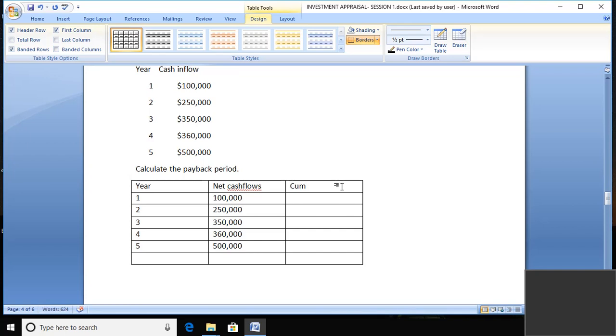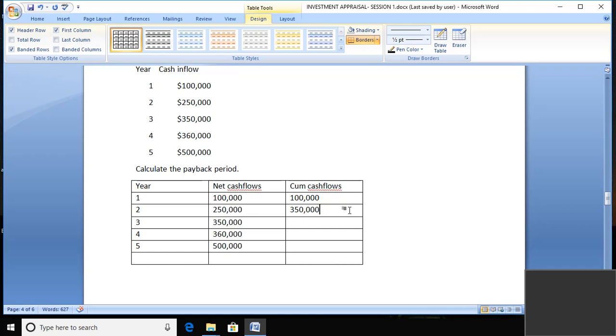On the other column, you need to accumulate: cumulative cash flows. For year one, you have 100,000. If you add the cash flow for year two as well, the cumulated figure is 100,000 plus 250,000, which amounts to 350,000.